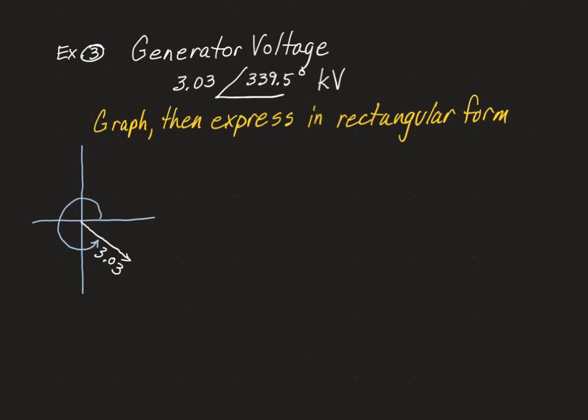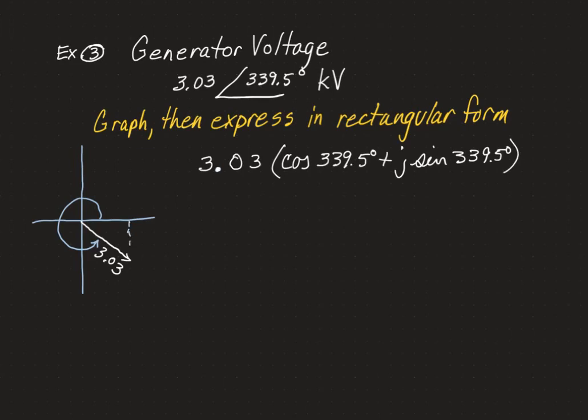In order to convert our original form of this complex number to a rectangular form, I highly suggest you go through the intermediate step of rewriting it using what you could call the expanded polar form. Cosine of 339.5 degrees plus j times the sine of 339.5 degrees.